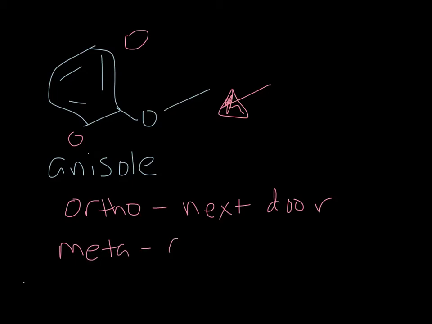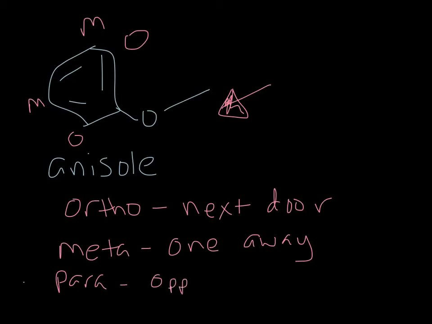The meta position is one away from my substituent, so this would be meta, and this would be meta, and the para position is opposite of my substituent. So instead of using numbering like 1,2, 1,3, 1,4, which you can also use, we can use the ortho and meta and para nomenclature, which is very common in aromatic derivatives.